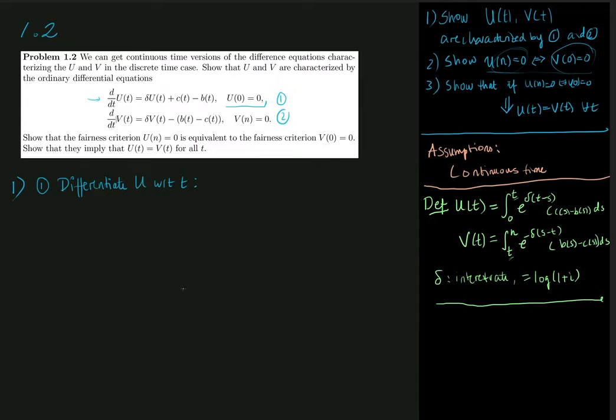I have the definition of u of t from the book over here. So if I try to just write d/dt u of t is equal to d/dt of this integral here, well, then what happens?